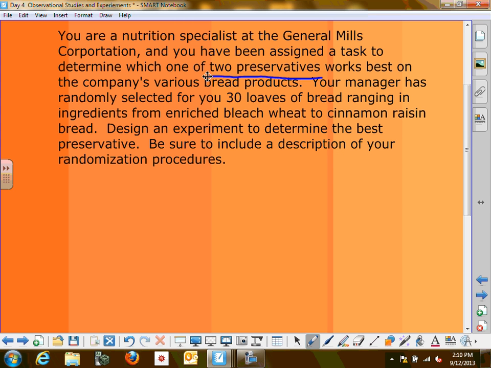Okay, maybe you could also say percent decay. You could say, by the end of 20 days, what's the percent mold on the thing? Whatever. So any of those kinds of things are what you are measuring when you are checking out which one of the two preservatives works the best.